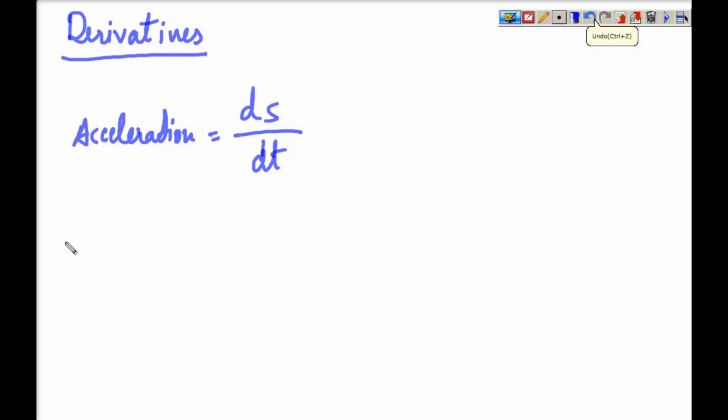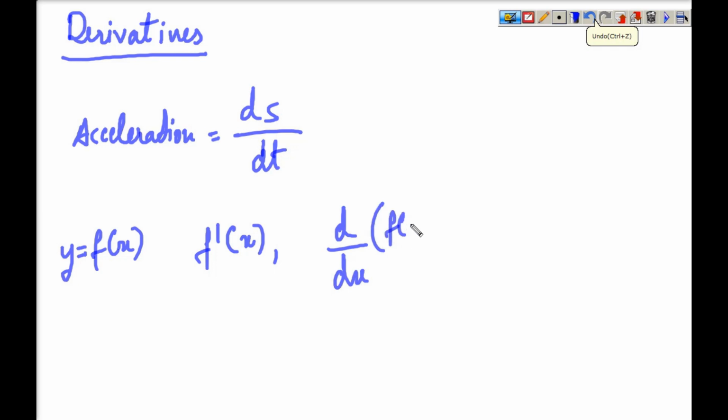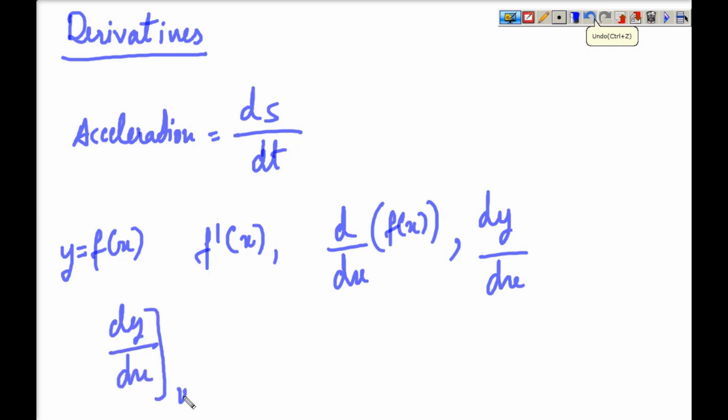So let's talk about some of the common notations used for the derivative of a function. If I have a function y equals f of x, the derivative can be shown as f dash x, or d by dx of f of x, or simply dy by dx, or dy by dx at x equals any point, let's say a.